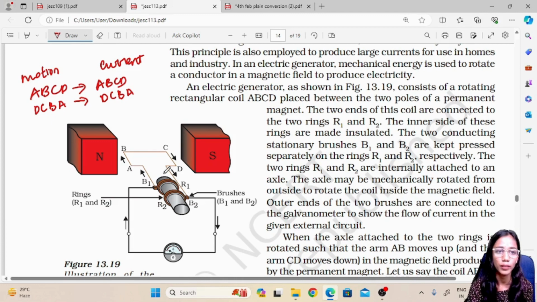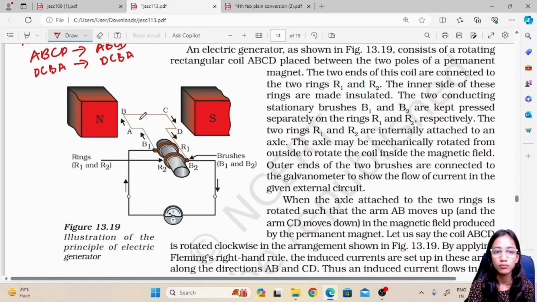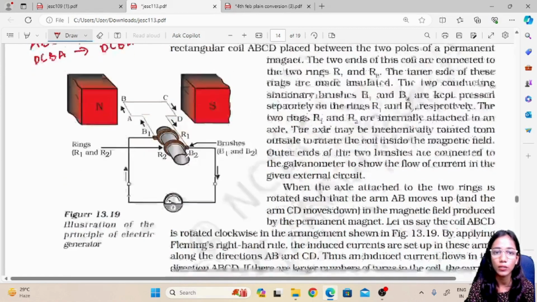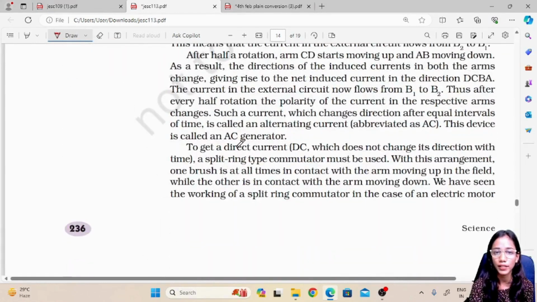Then in the second case, after every half rotation CD starts moving up and AB starts moving down, so it is DCBA. Now the current is also moving from B1 to B2 through DCBA. This is called the alternating current.